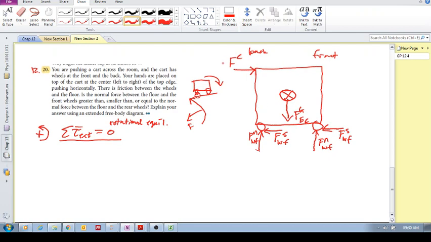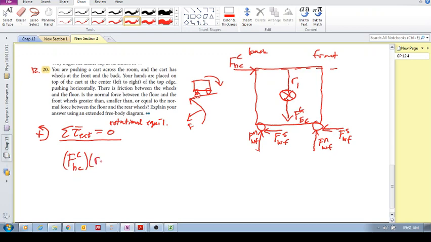We've got this F_C force, say hand on cart, and that's its line of action, and that would be its lever arm. Let's call it R1.